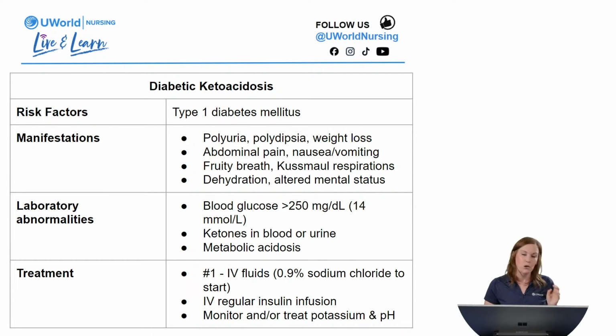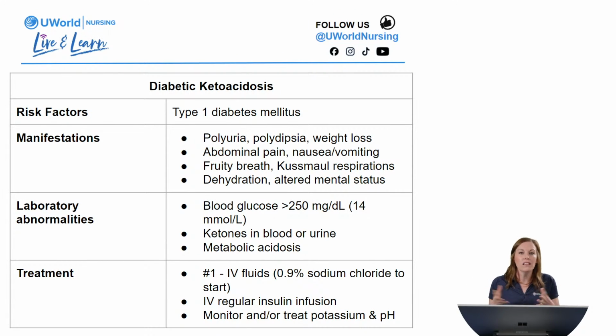So, a quick recap on DKA, starting with the patho. DKA can really only happen in type 1 diabetes, and we know type 1 diabetes is an absolute deficiency of insulin. We know insulin is the key to drive glucose into our cells. Without glucose, our cells have no energy, so our body is essentially starving for energy.